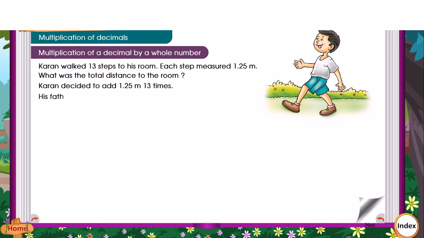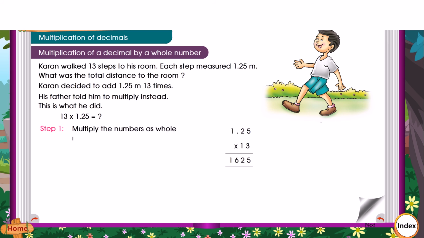His father told him to multiply instead. This is what he did. 13 into 1.25 is equal to how much? Step 1. Multiply the numbers as whole numbers, ignoring the decimal point. Step 2.